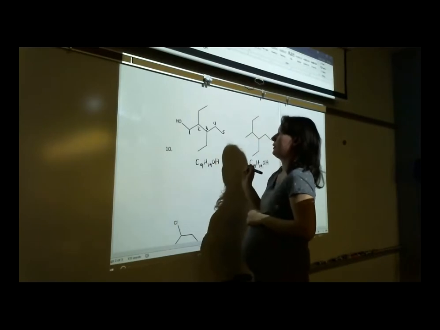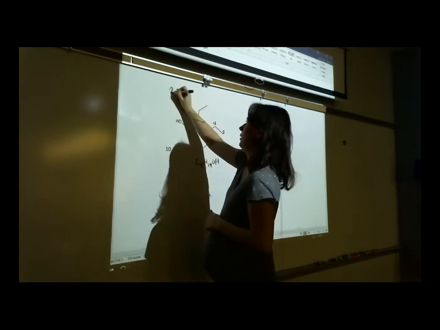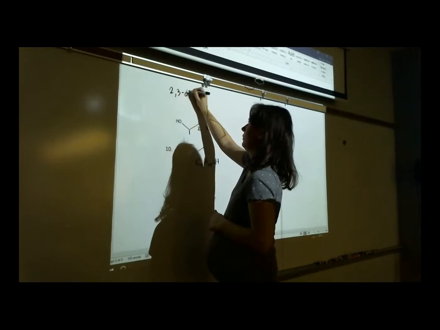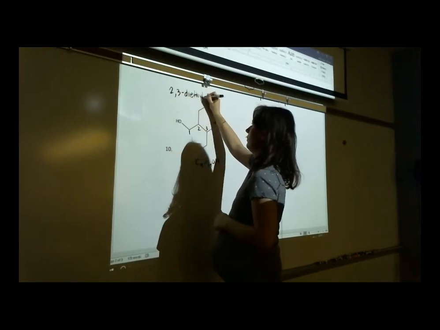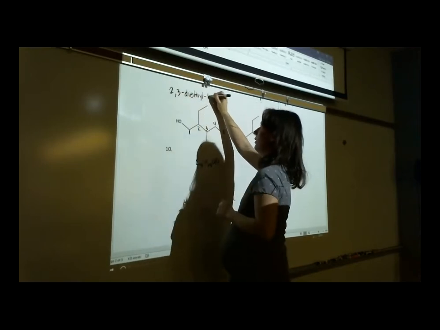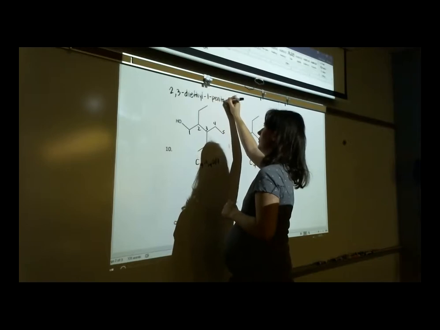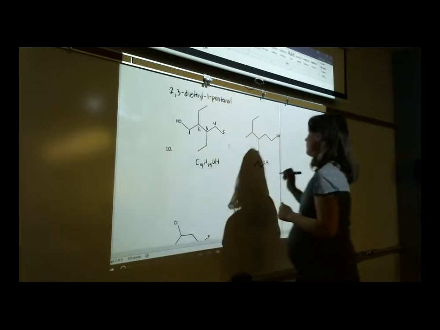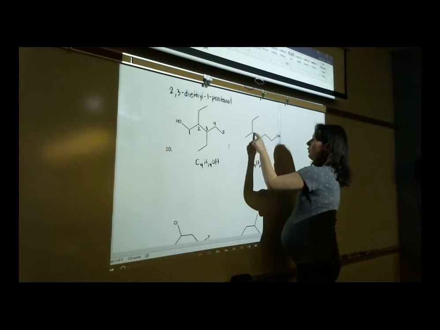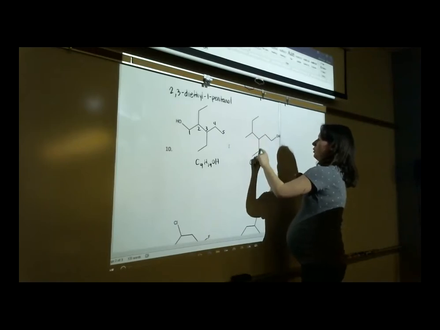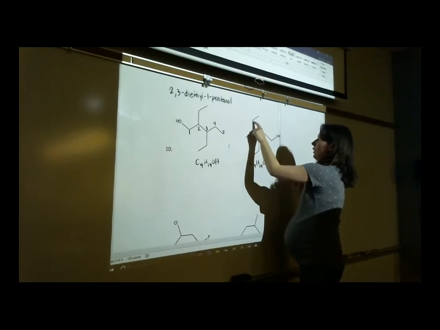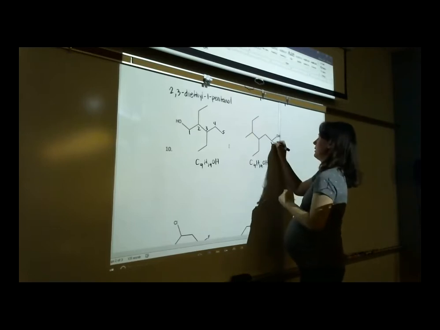So this would be 2,3-pentanol, 1-pentanol, right? And then this one, we number 1, 2, 3, 4, 5, 6. We're going to get 6 that way.